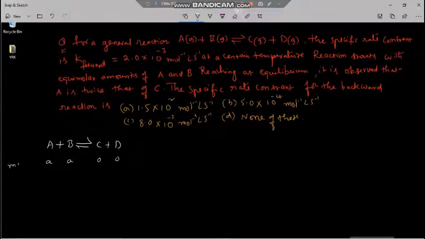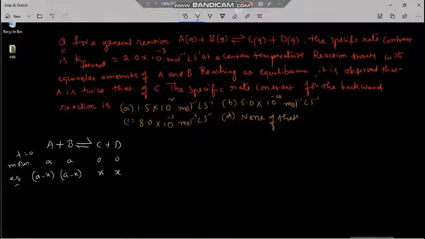Initial number of moles at t equal to 0. At equilibrium, the number of moles will become a minus x, and C is x and D is x.